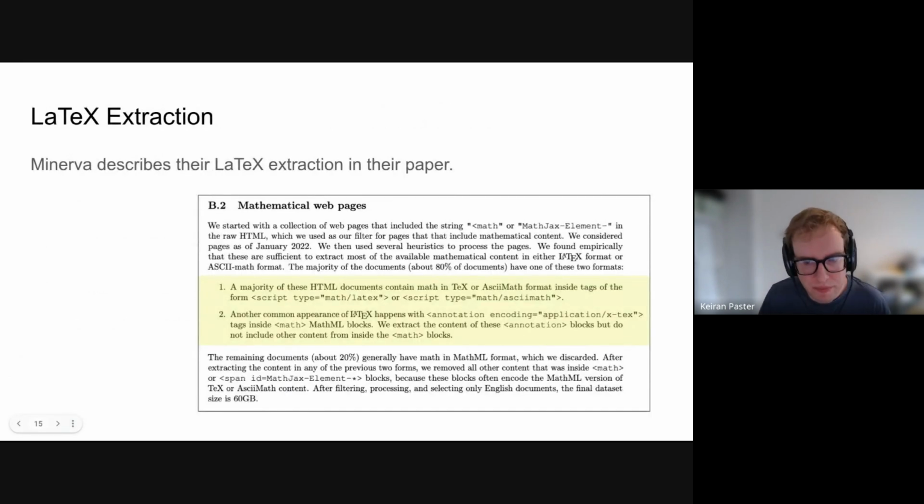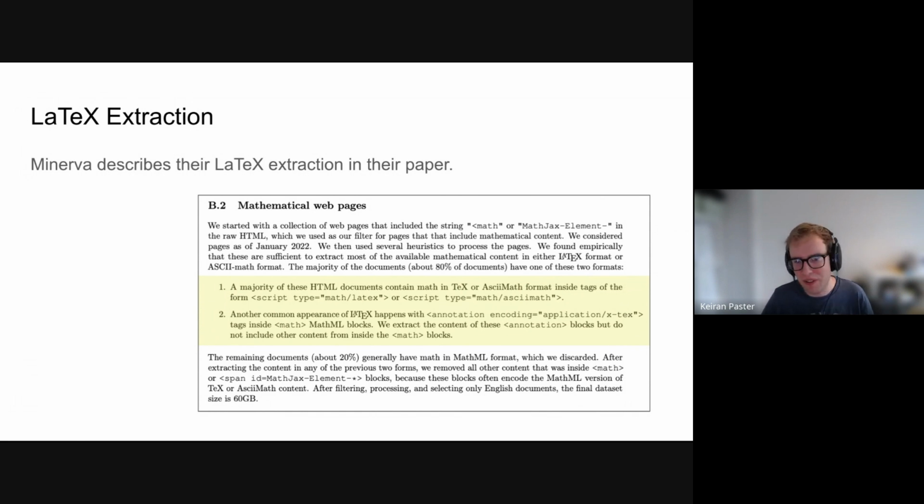For the LaTeX extraction, the Minerva paper detailed their LaTeX extraction in their appendix. They mentioned that the majority of the documents come with math in the format of these script tags with type equals math/LaTeX, and the rest of the LaTeX appears in these annotation tags.